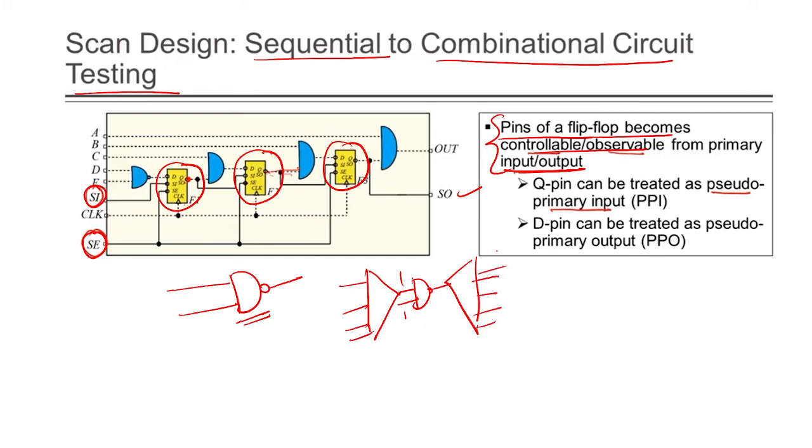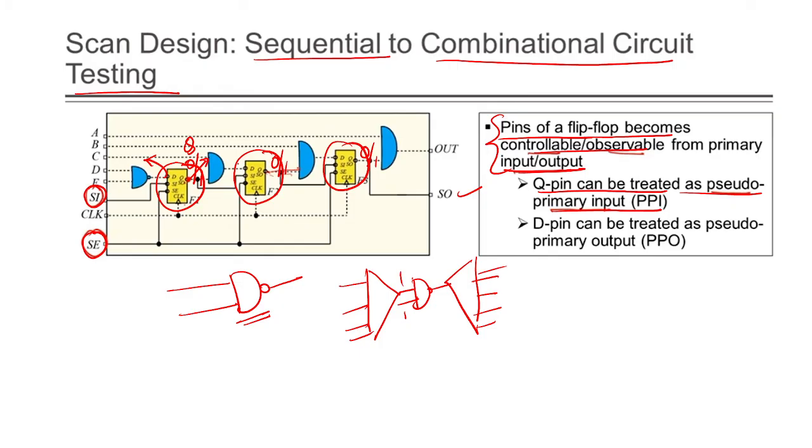That is controllability and observability, which we already saw. The Q pin can be treated as a pseudo primary input, PPI. Pseudo means it can be 0 or 1. The D pin, whatever the D input is, can act as a pseudo primary output.